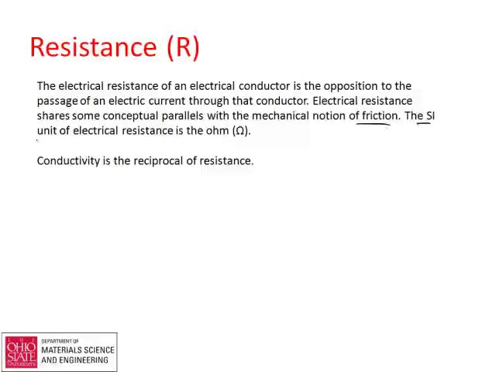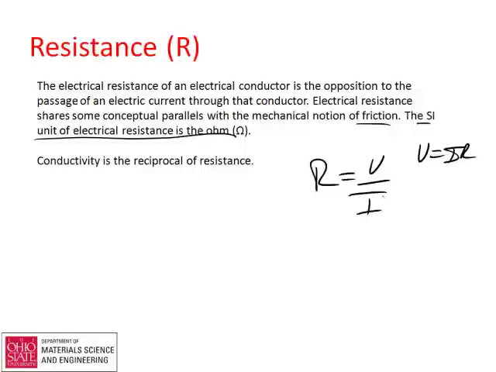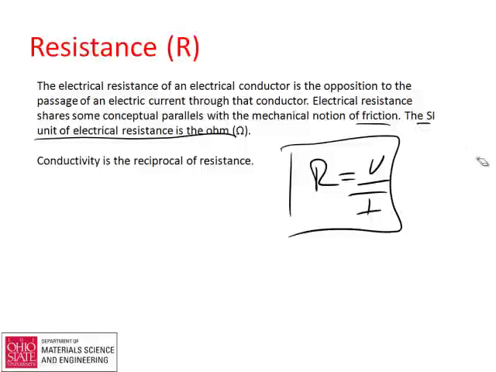The SI unit is the ohm, and so we can say V is equal to I R, or R is equal to V over I. So that's resistance. If you need a large voltage to get a current, that's resistance.